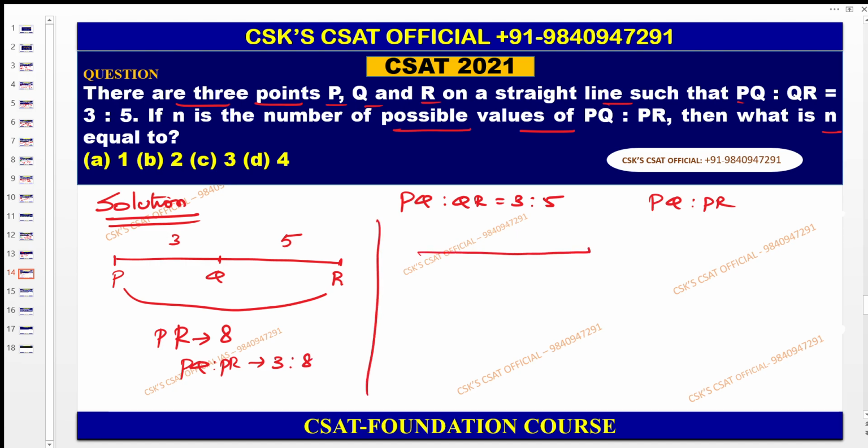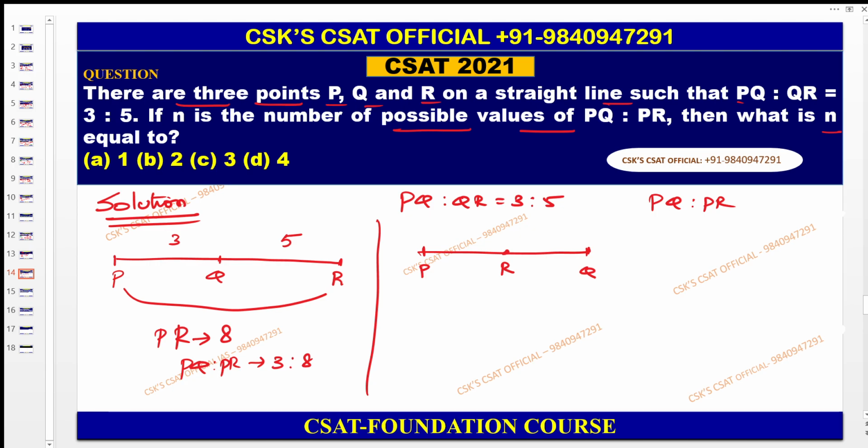Now put another one in the middle. You can place R also. If you place R in the middle, with P here and Q here, what will happen? Let us check this one. PR we have to find.